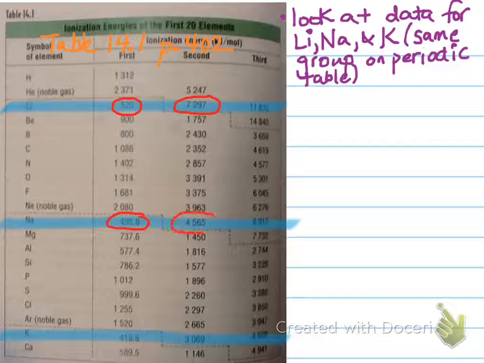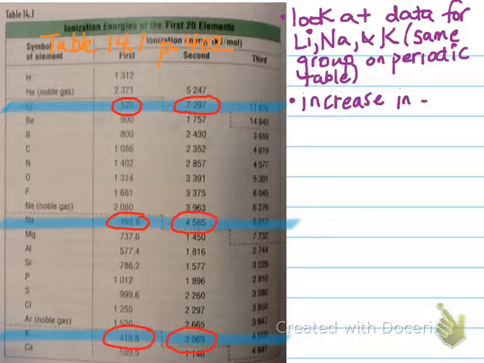To remove that second electron, it requires 4,565 kilojoules per mole. And for potassium, 418.8 kilojoules per mole to remove the first electron. The second ionization energy is 3,069 kilojoules per mole.